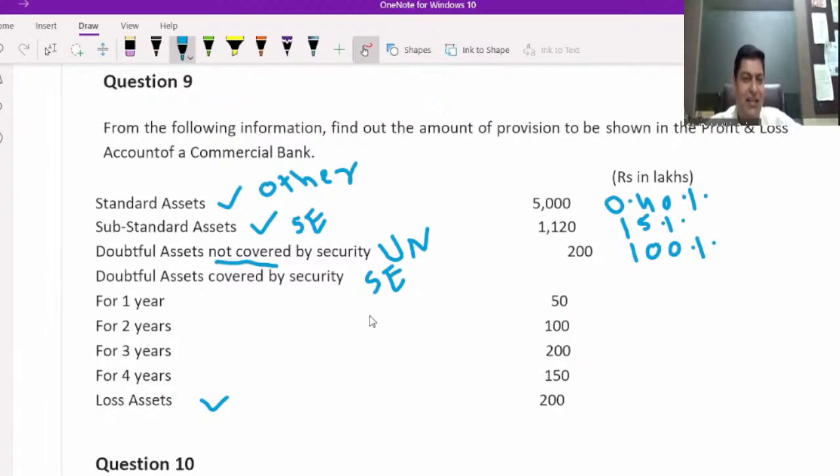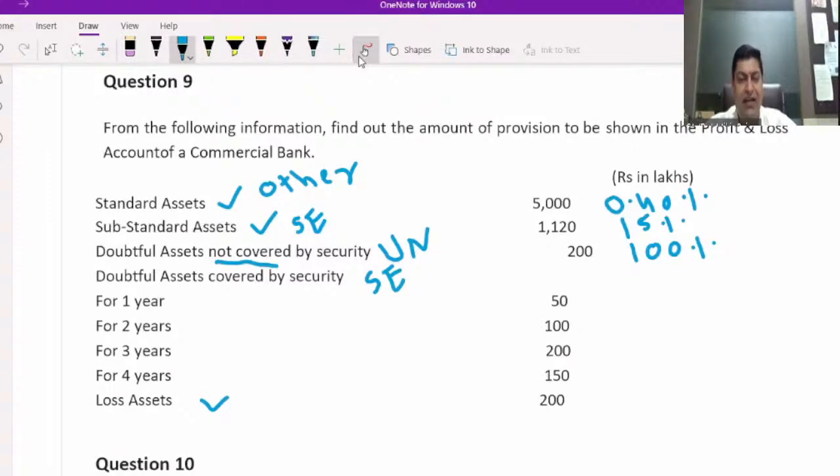Tell me what percentage we will apply on 50, then on 100, then on 200, then on 150. Please be fast. Yes, guys, be fast. How much percentage on 50, 100, 200 and 150?